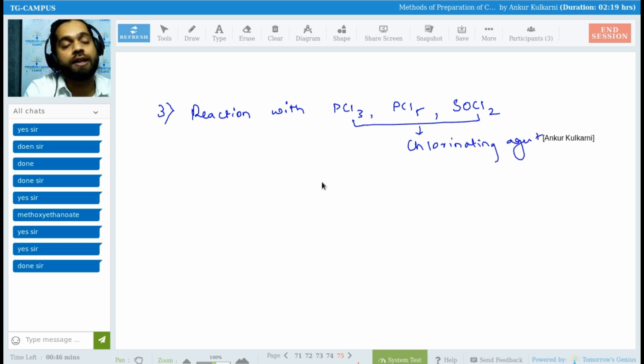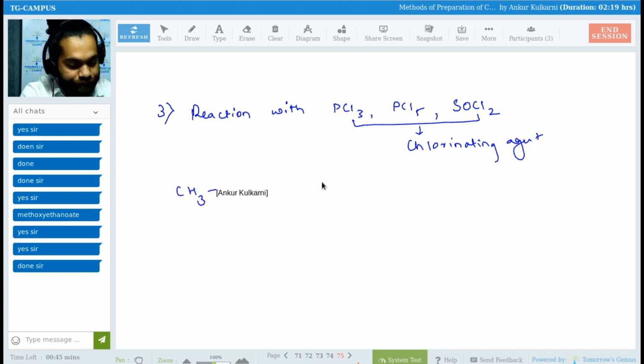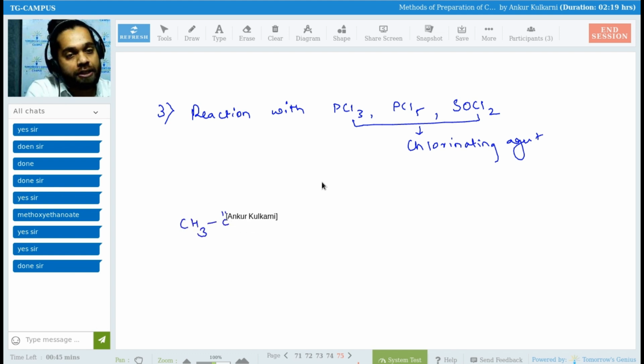So what they'll do, they'll give you Cl minus. Always remember, they will replace OH with Cl. So if I replace OH with Cl in your acid, I'll get an acyl chloride, or we call it acid chloride also. Suppose I have CH3, C double bond O, OH.